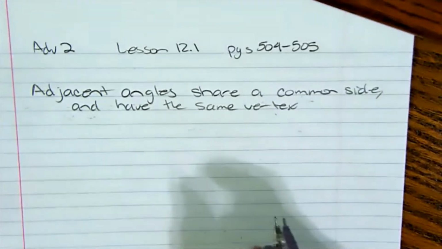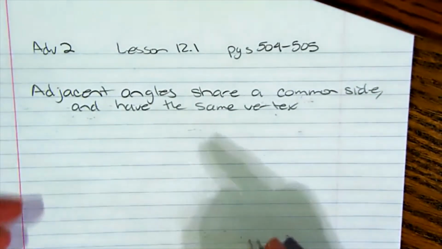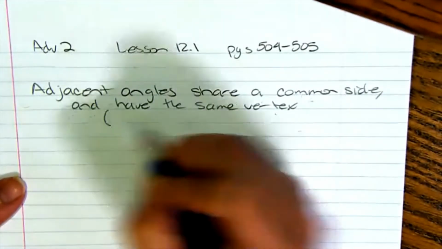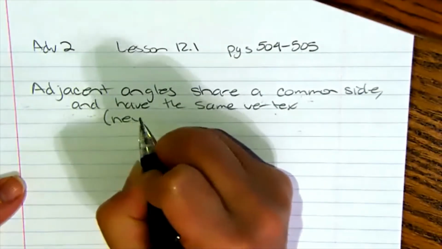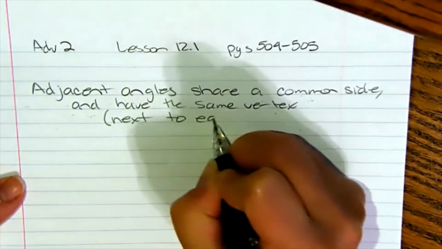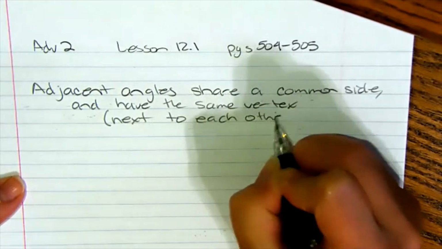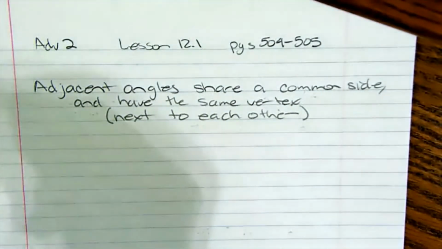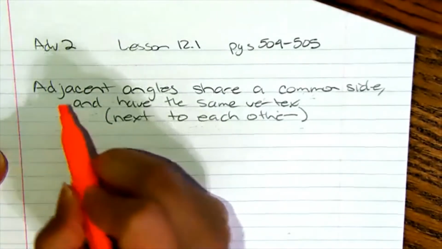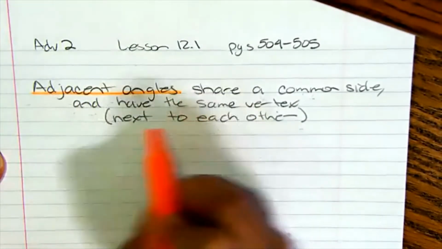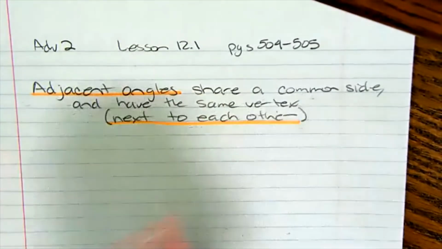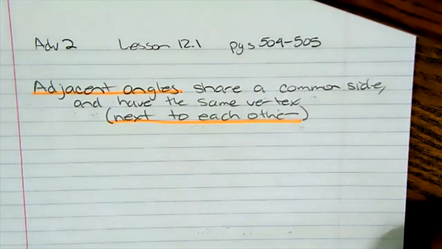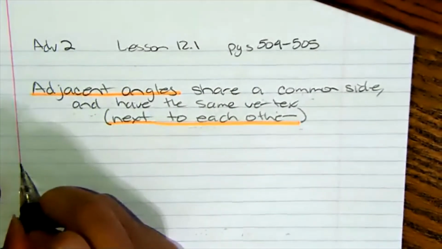And the most important thing to remember about adjacent angles, the easiest way to remember, they're next to each other. So adjacent angles are angles that are next to each other. So what does that mean?